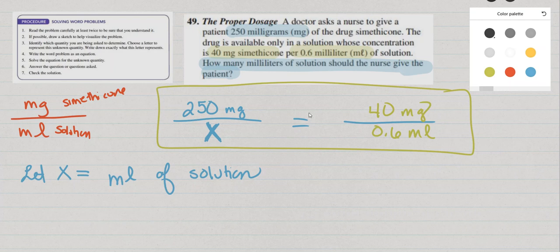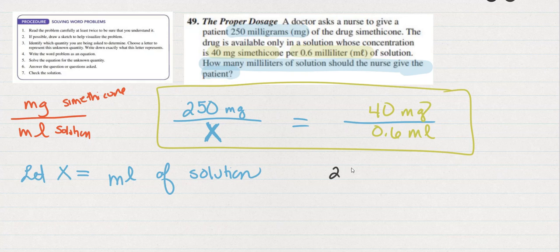Again, I'm going to solve it with cross multiplying. So I'll multiply 250 times 0.6. And by cross multiplying, we'd get that that's got to be equivalent to 40 times x, cross multiplying across this way. When I go to solve this equation for x, I notice that the x is multiplied by 40.